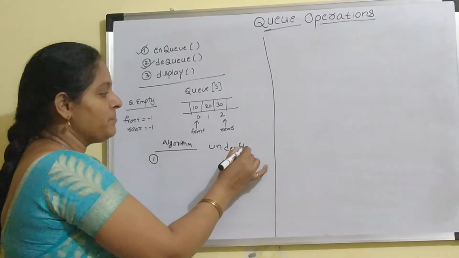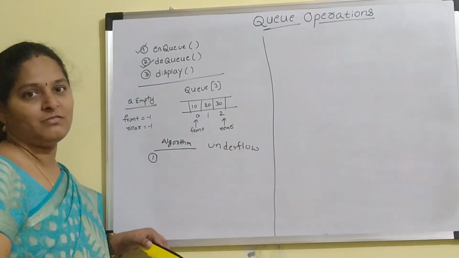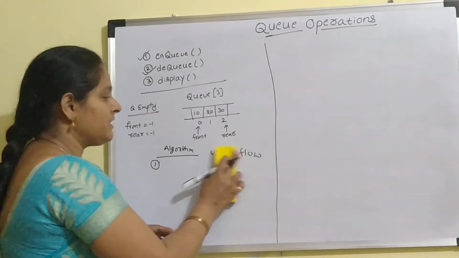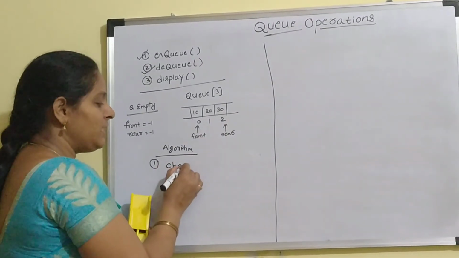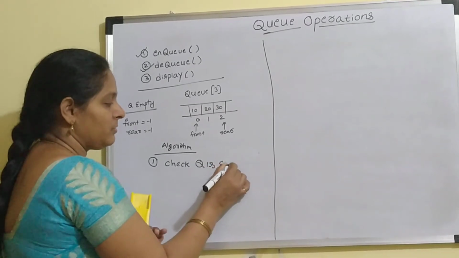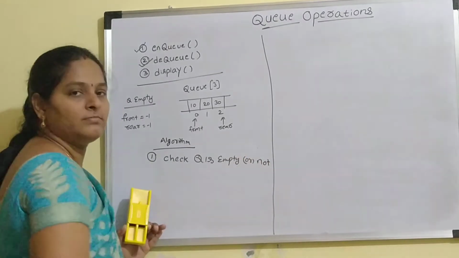Underflow condition. If the queue is empty, deletion is not possible. If the queue contains some elements, then only we can delete, right? So let us see the first step. Check whether the queue is empty or not.